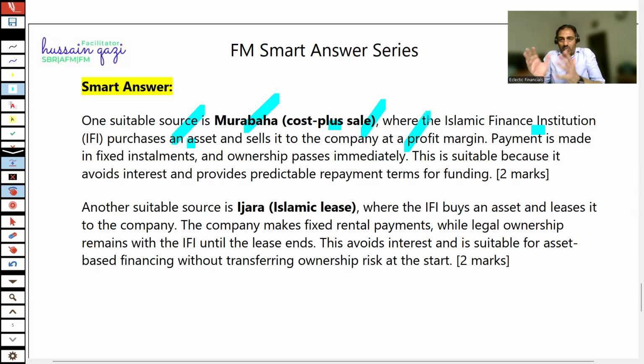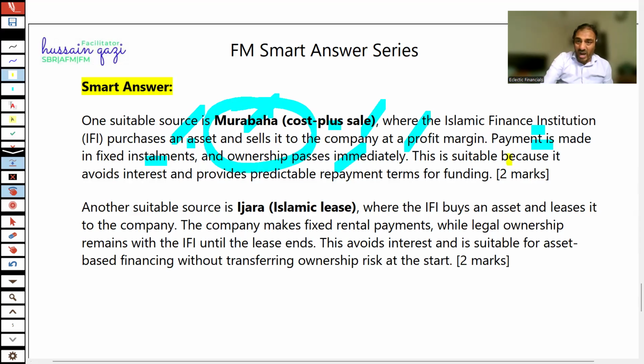So what benefit do I have? Whatever the purpose of the finance, I have met the purpose, as I have arranged the asset. Payment is then made in installments and ownership passes immediately. This is the description.